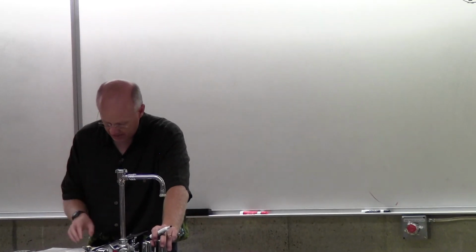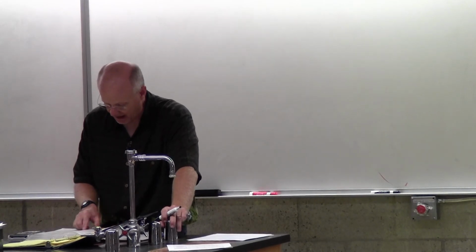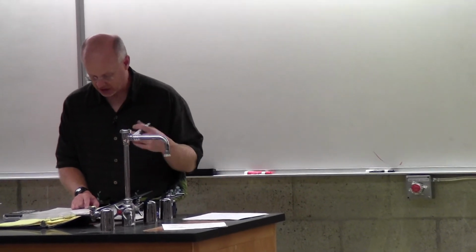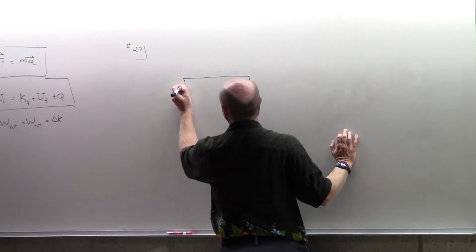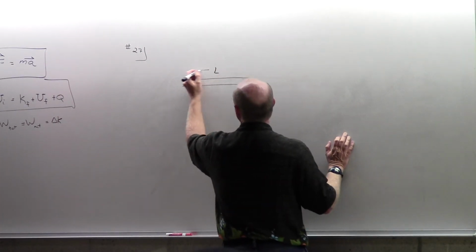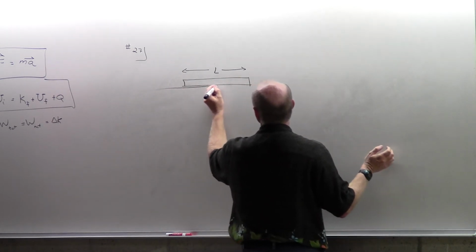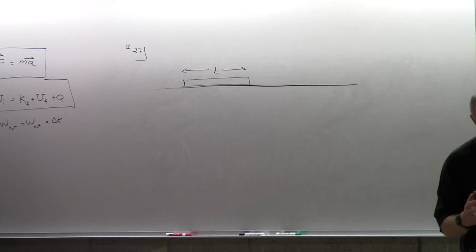It says here that a uniform board of length L is sliding along a smooth and frictionless horizontal surface as shown in the picture. So the first thing they have is a board of length L on a smooth frictionless surface like this. So it's moving along.